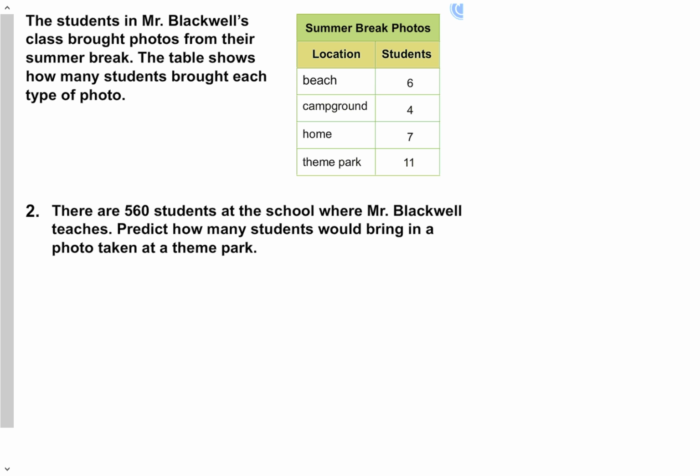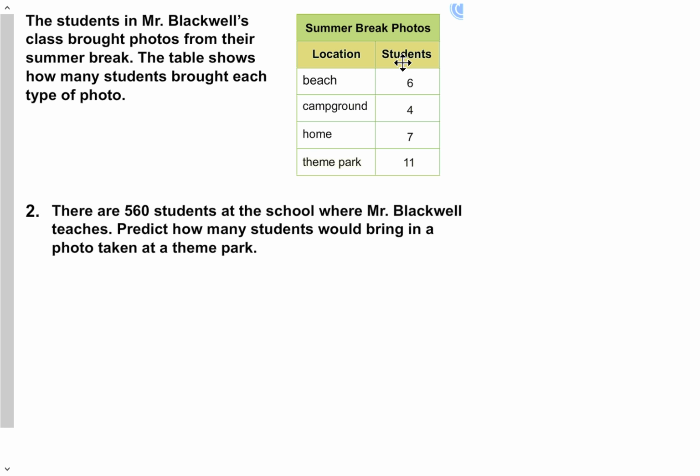Now what we're going to do is create a prediction. If the population is this small, we want to expand it to a bigger population of the school rather than the classroom, and you can do that by using proportions.